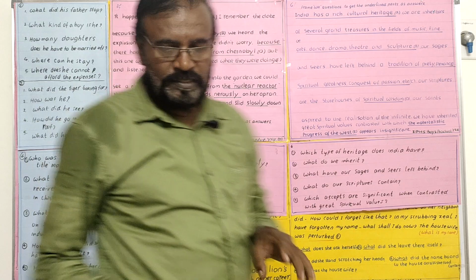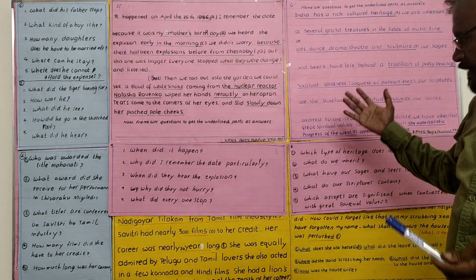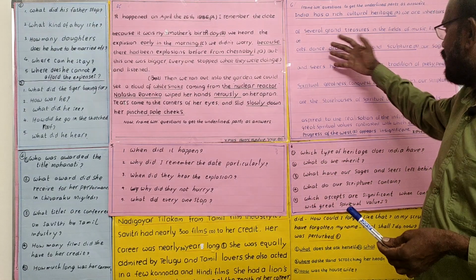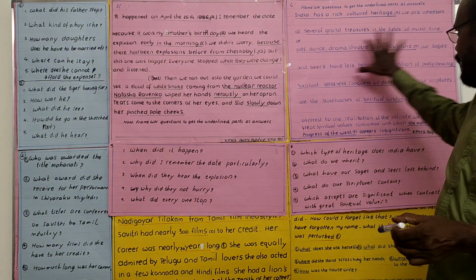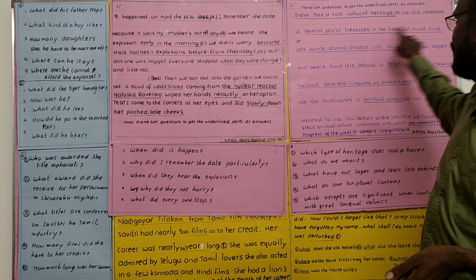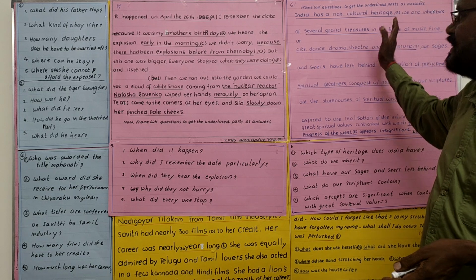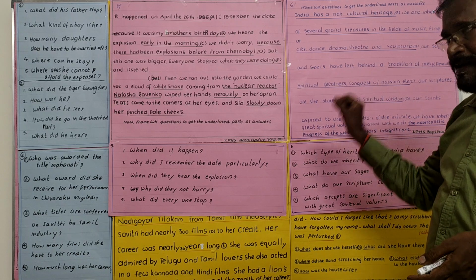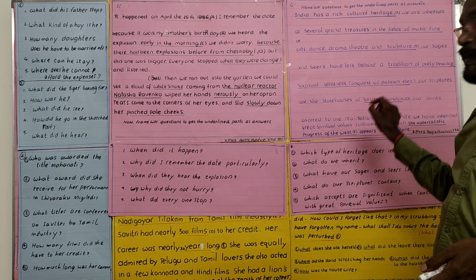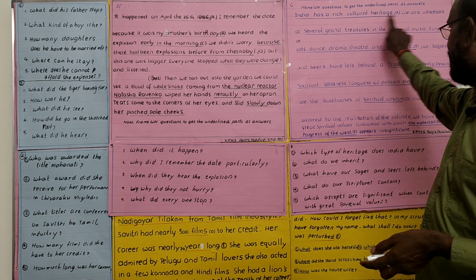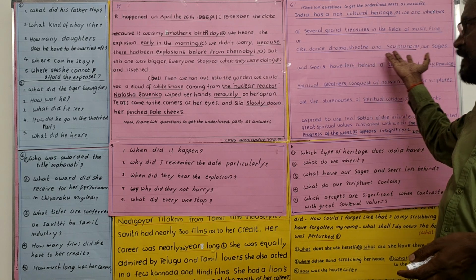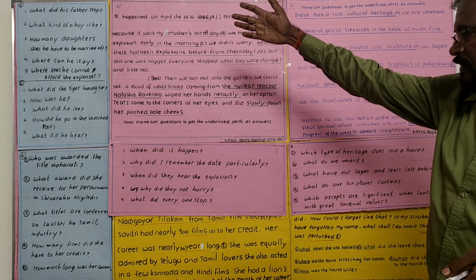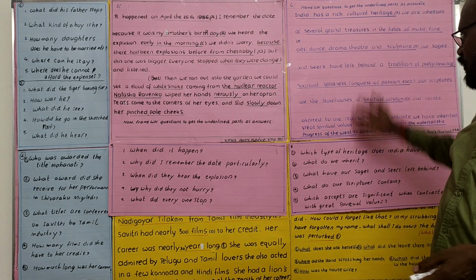These are the questions. Once again, the process is to put aside the underlined part, and then frame the question on the basis of the remaining part. If the complete sentence is underlined, then we have to directly frame or form the WH word questions.